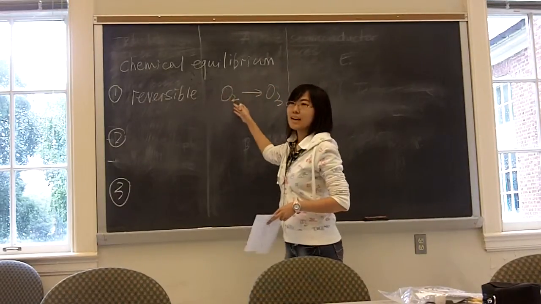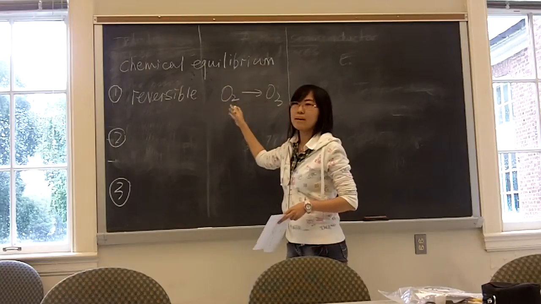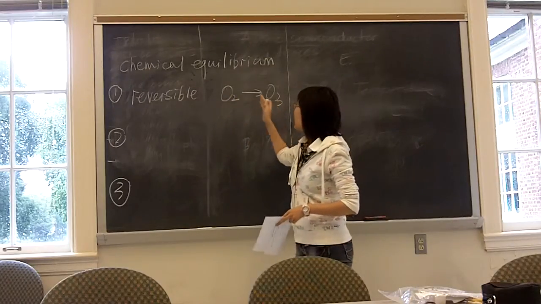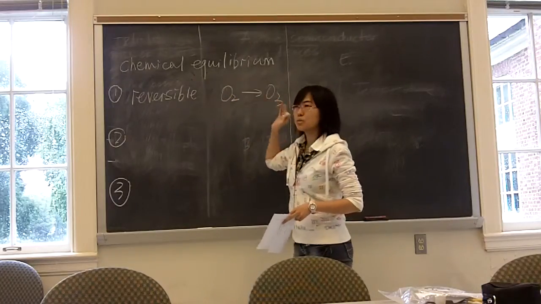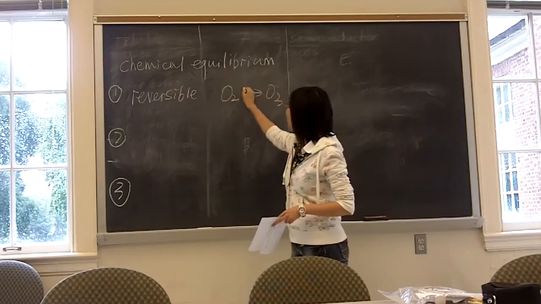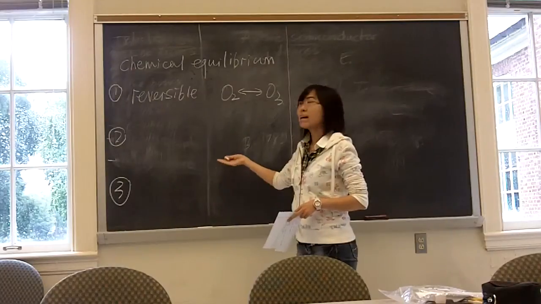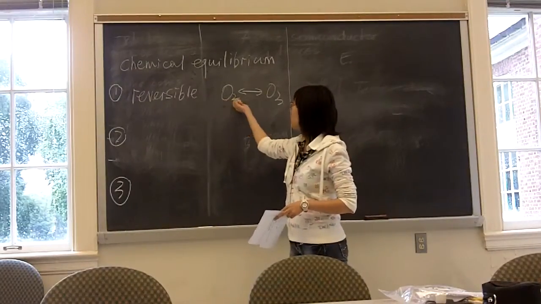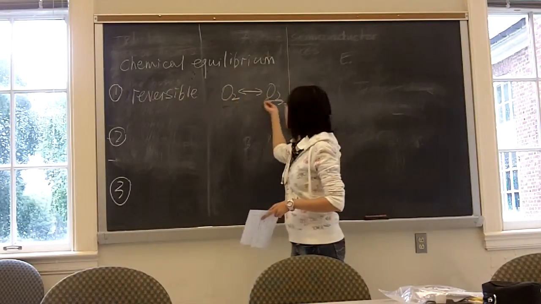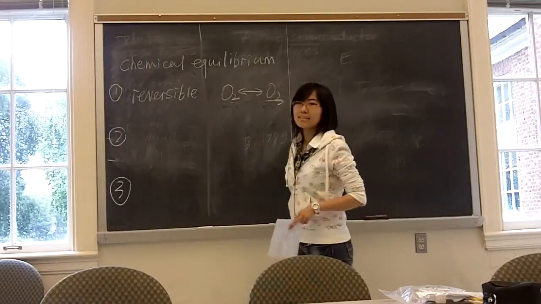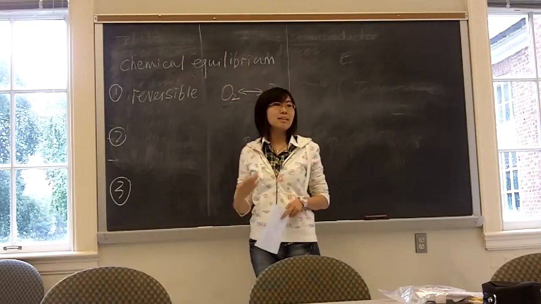But it doesn't imply that all of the oxygen can be converted into ozone. That is, the transformation of ozone to oxygen also occurs in this system. Actually, this system is a mixture of ozone and oxygen.